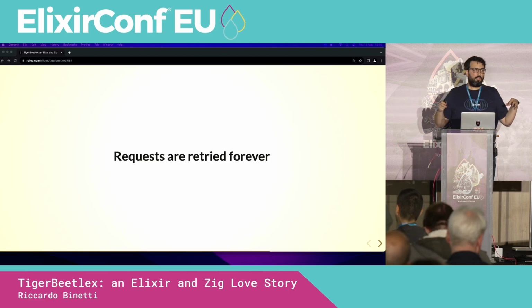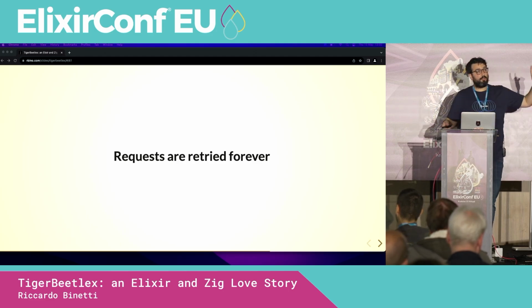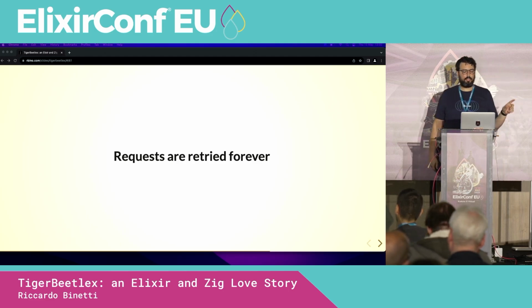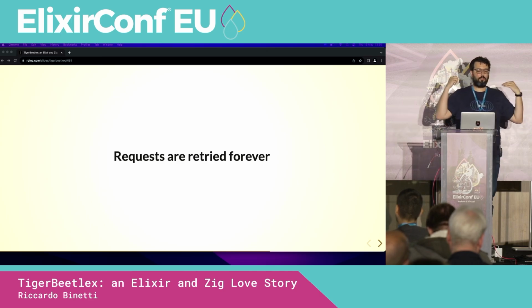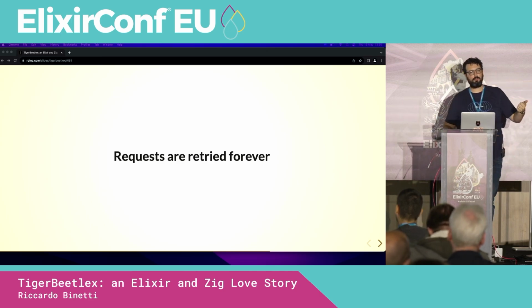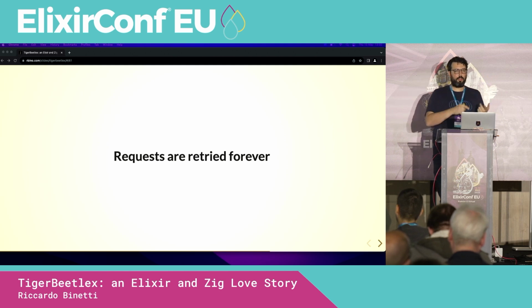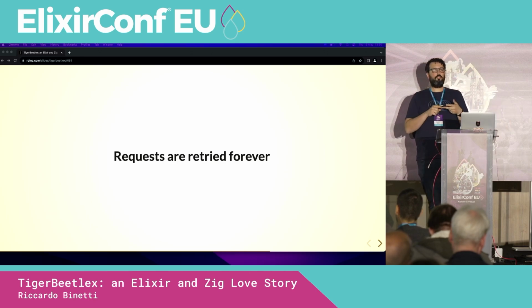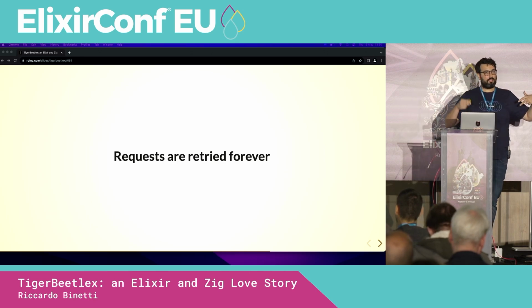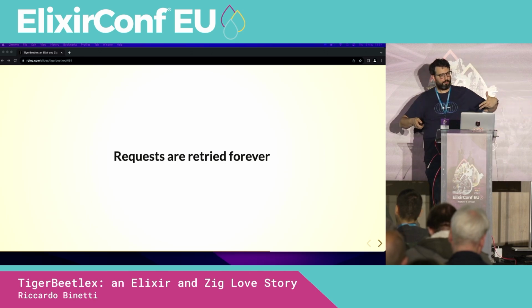And the third one, which connects back to why the message-based API is nice, is that by default, TigerBeetle requests are retried forever. TigerBeetle never times out. It keeps retrying the request and it doesn't surface network errors to the caller. This, again, is done to try to ensure consistency as much as possible.